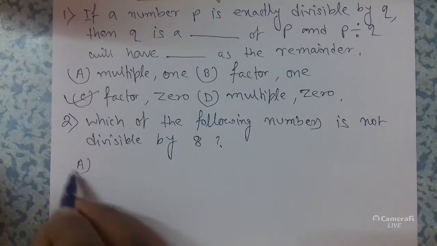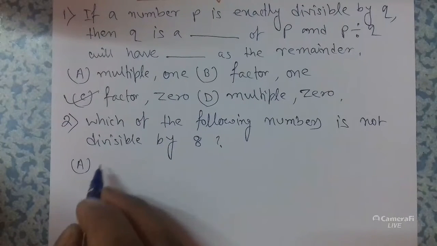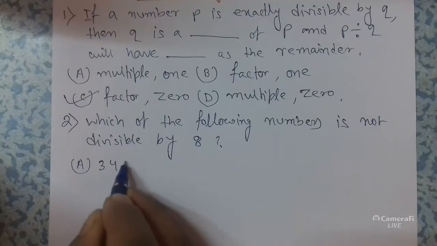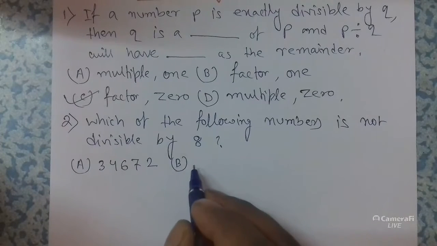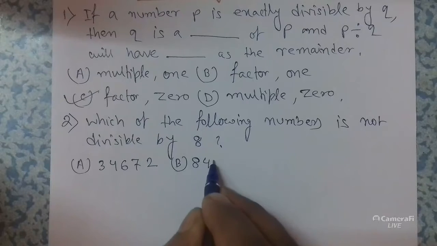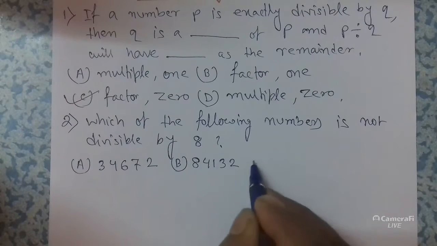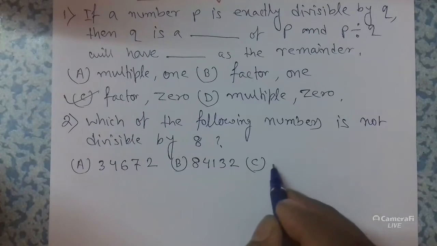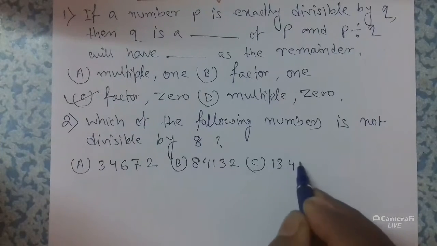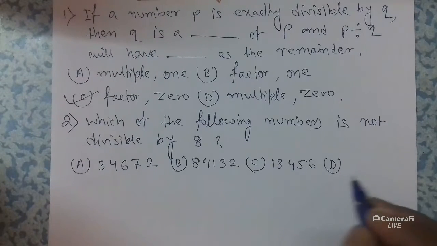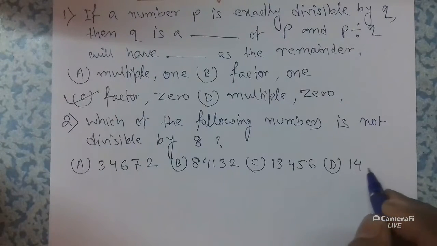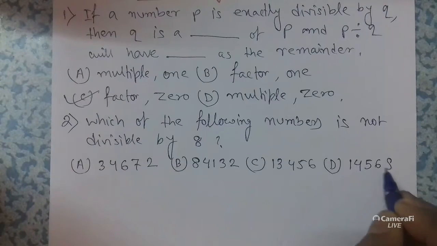The options are 34,672, 84,132, 13,456, and the last option is 14,568.